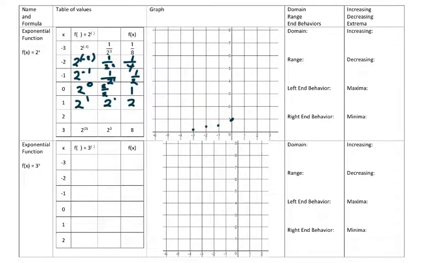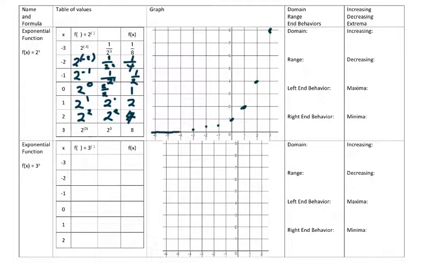So at the first, there it is. 2 squared is just 4. So at that, it's going to be that. And then 2 to the third is just 8.